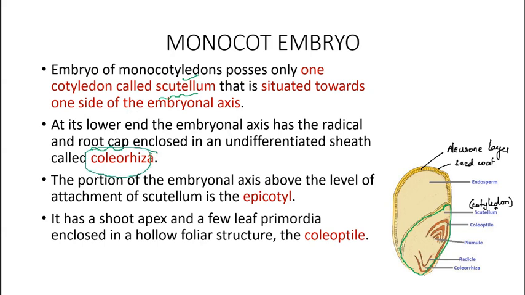We have discussed this when we were doing the plant hormone class. The radicle, which is the root, is enclosed in coleorhiza, and the plumule, which is the shoot, is enclosed in coleoptile. The portion of the embryonal axis above the level of the scutellum is the epicotyl.